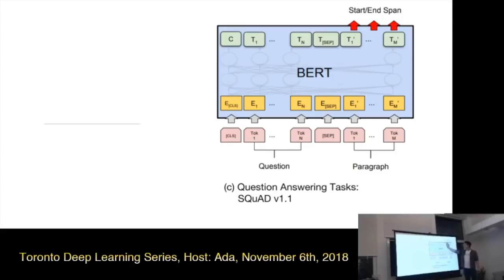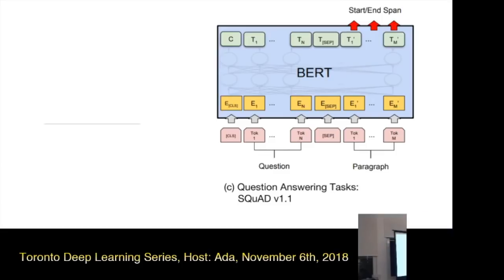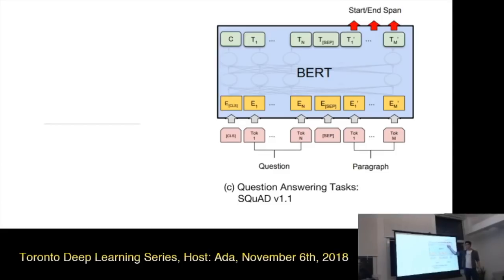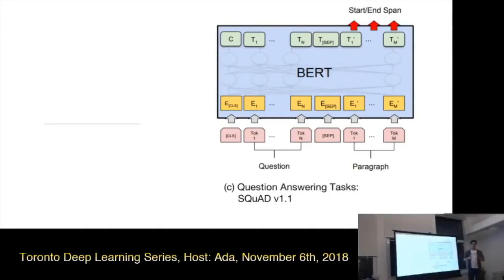These will determine where the answer starts in the paragraph and where it ends, by interacting with the learned representations. I'm being a little light on the details, but that's the general gist of how easy fine-tuning is for BERT on the SQuAD dataset.